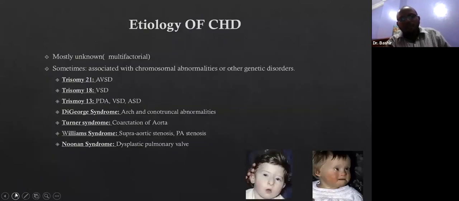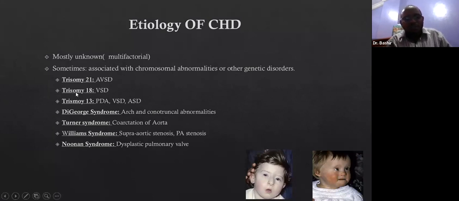The etiology of congenital heart disease is mostly unknown, or you can say it is multifactorial, either environmental or sometimes associated with chromosomal abnormalities or other genetic disorders. The most common is trisomy 21, Down syndrome, and 50% of them are associated with AVSD, atrioventricular septal defect.